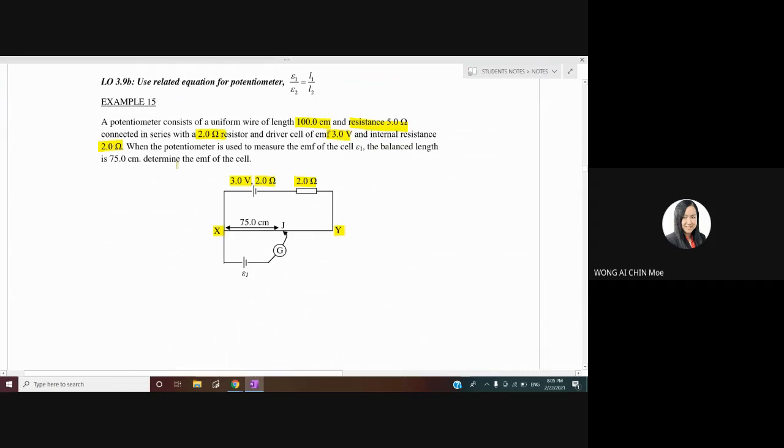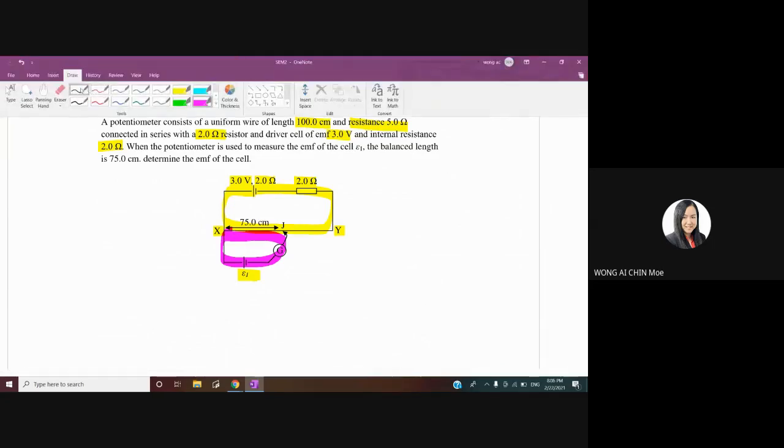So meaning that we want to find epsilon 1. We have two loops, the bigger one and the smaller one. This is the smaller one. Kita buat secara ratio.